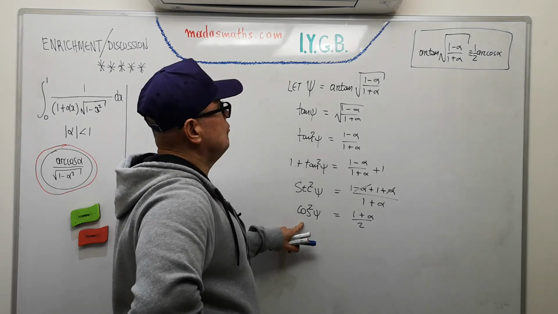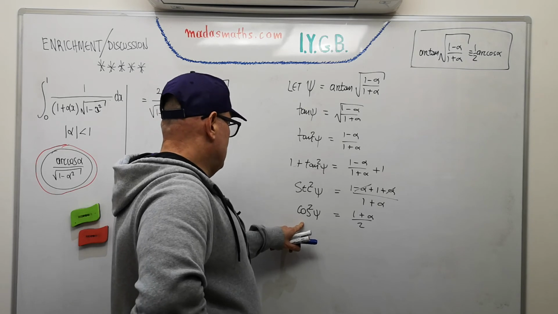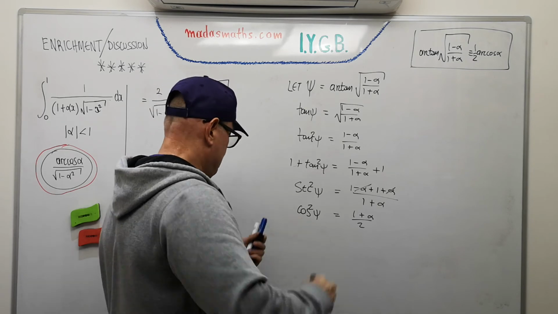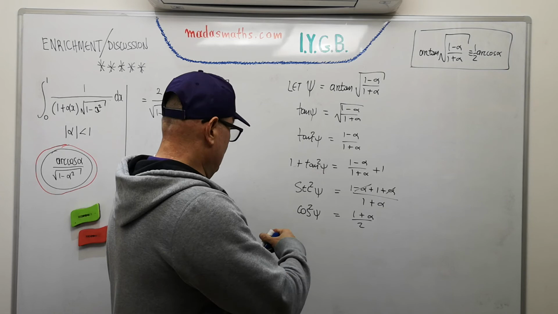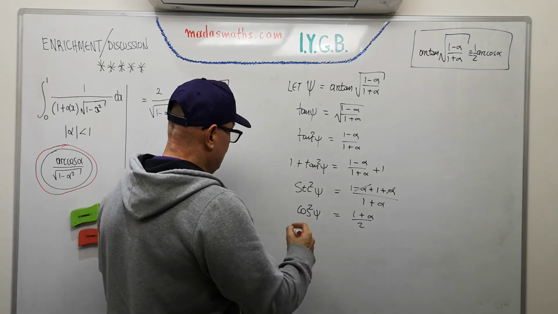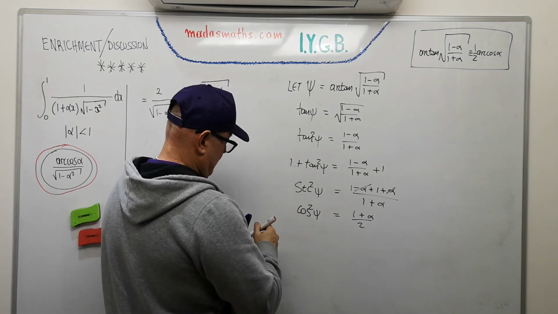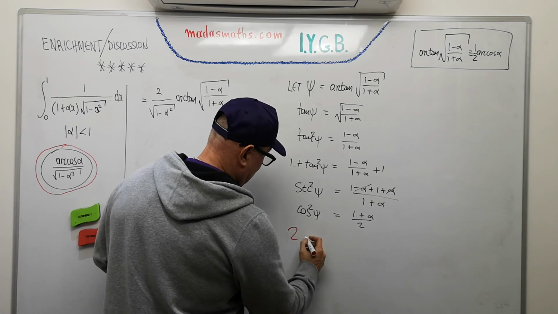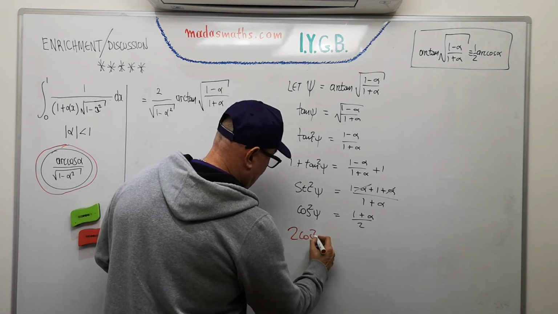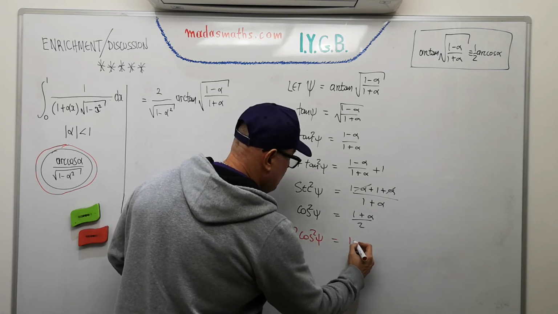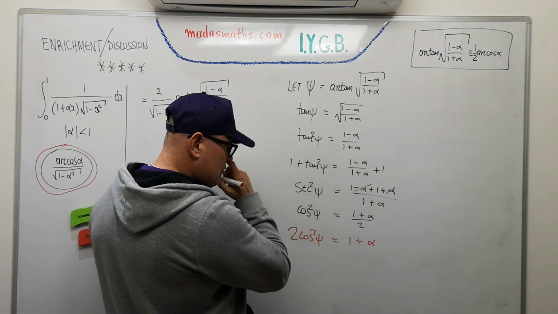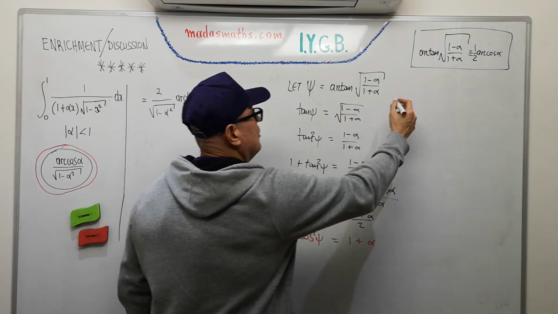So what's the alternative to that? The alternative is kind of obvious. I need to double both sides. I'm going to put 2 cos squared of psi is equal to 1 plus alpha, and then I'm going to subtract 1 from both sides. I'm going to do it here.